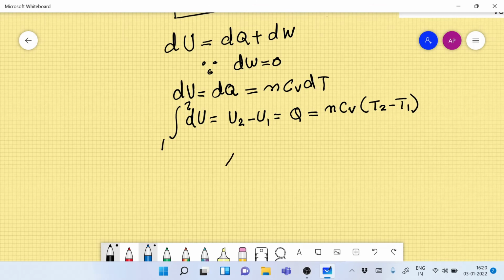So in conclusion, the change in internal energy of an ideal gas undergoing a reversible constant volume process is equal to the heat given or taken by it, which is equal to n into Cv, where n is the moles of the gas, into delta T, which is the change in temperature of the gas.